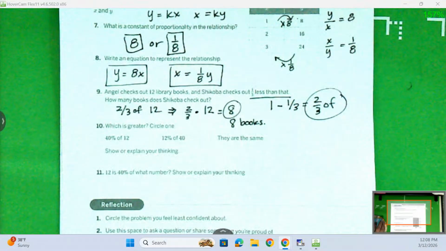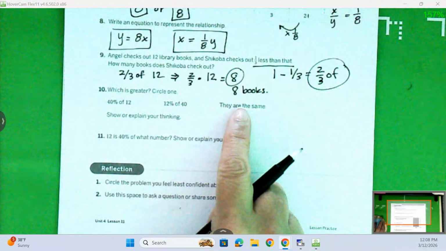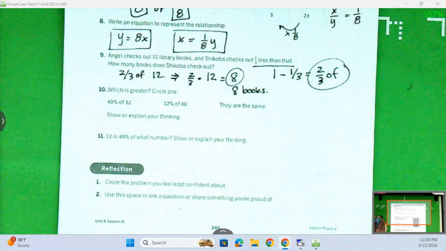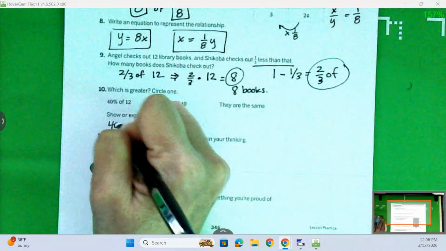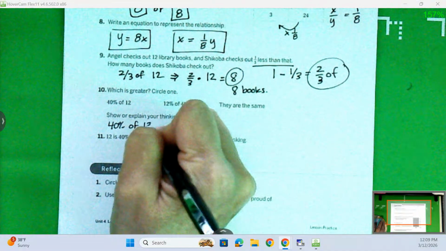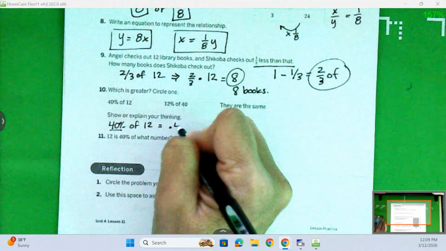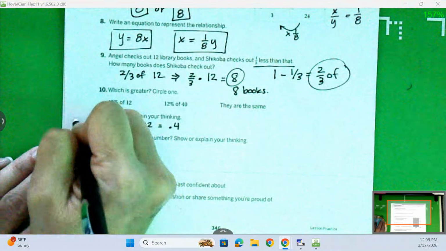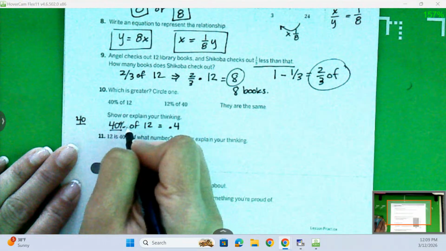Which is greater? Circle 1. So in order to solve this and see if they're both the same or one of these is greater than the other, in our explain, we should be working that out. So if I'm doing 40% of 12, that means I have to change the 40% to a decimal, which is 0.4. Again, remember that if you want to know what a percent is, percent means out of 100.